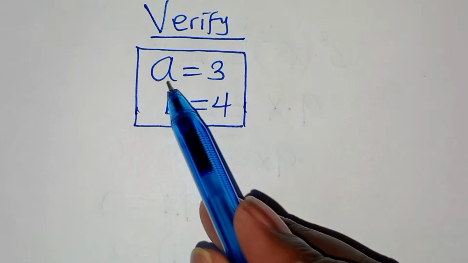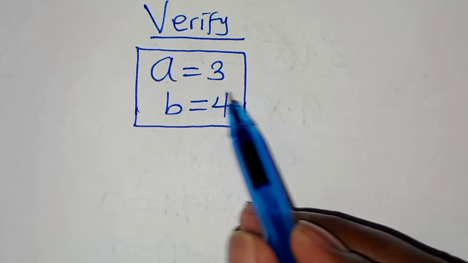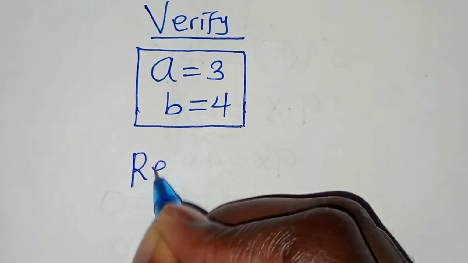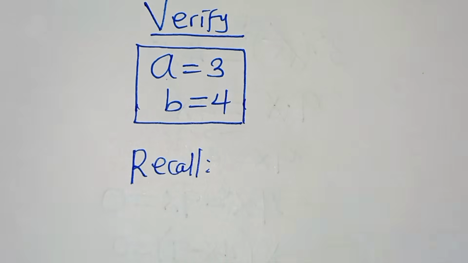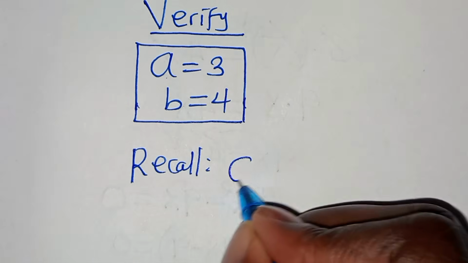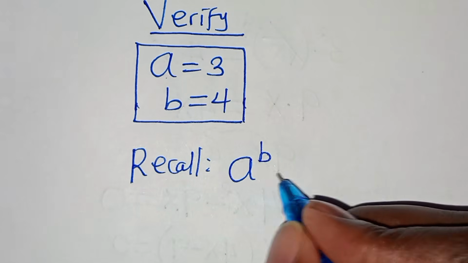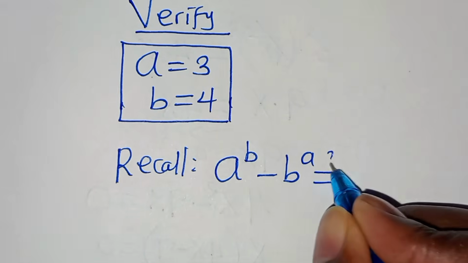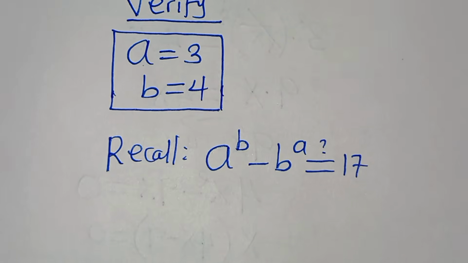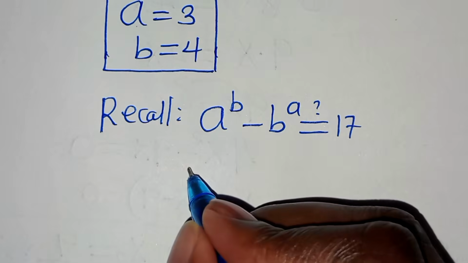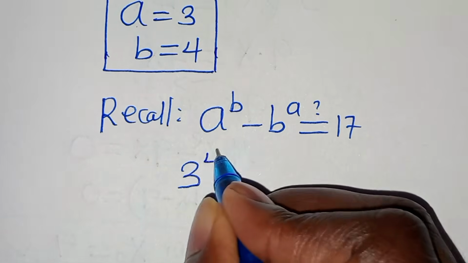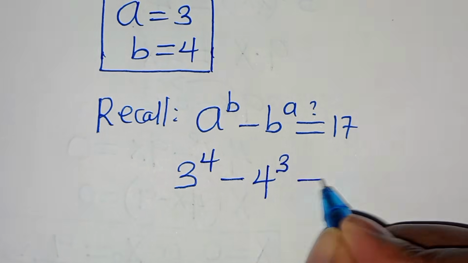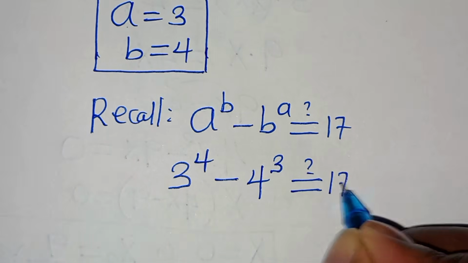Now let's verify that a equal to 3 and b equal to 4 satisfy the equation. If you recall, a to the power of b minus b to the power of a should give us a value of 17.